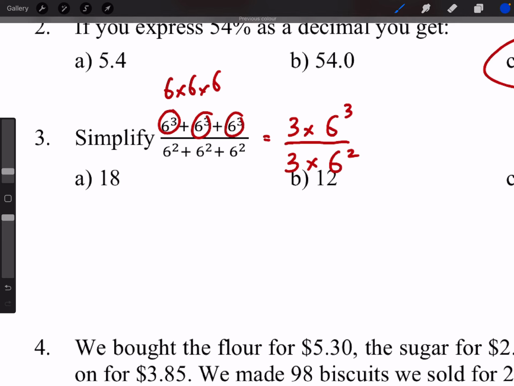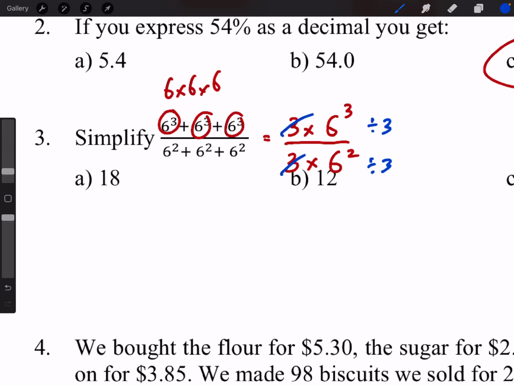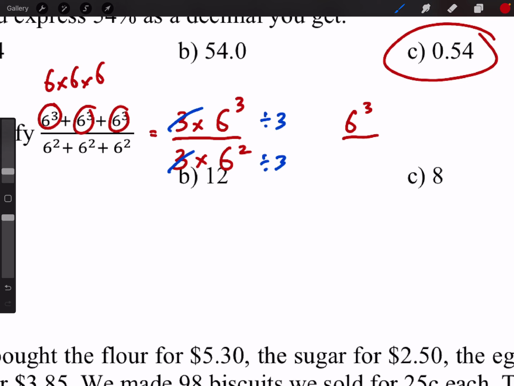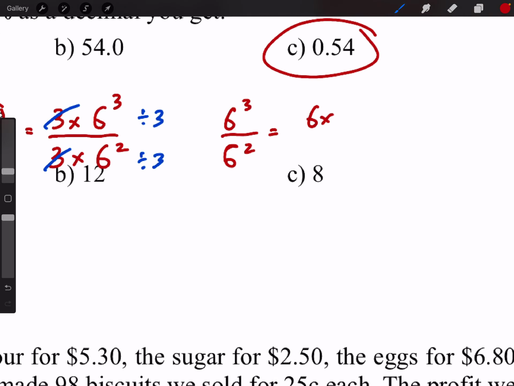Alright, because we're multiplying top and bottom, we can simplify. We can divide this number by 3, divide this by 3. Boom, boom, gone. So now you're left with 6 cubed over 6 squared. Okay, 6 cubed means 6 times 6 times 6, and 6 squared means 6 times 6.